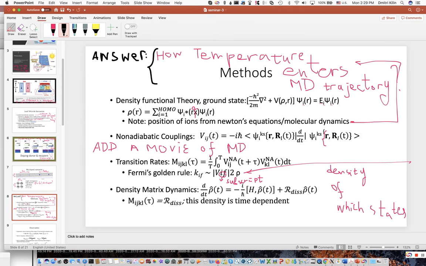We know that at higher temperatures my ion is going to have a lot more kinetic energy, so the velocity is going to be higher, and there's going to be a lot more position fluctuation for my ions.